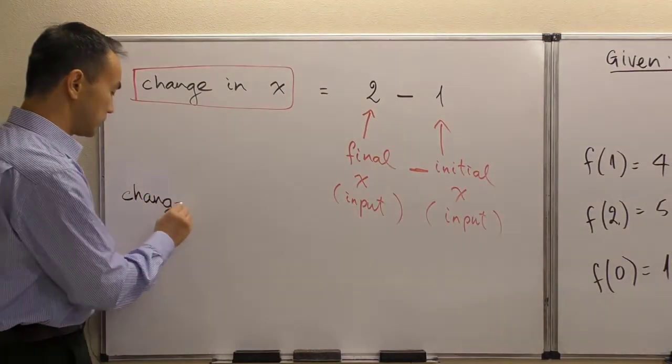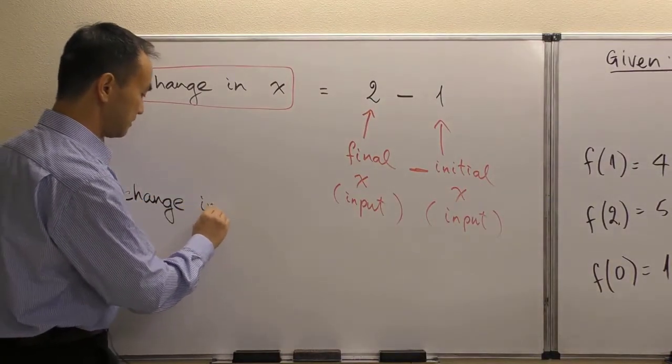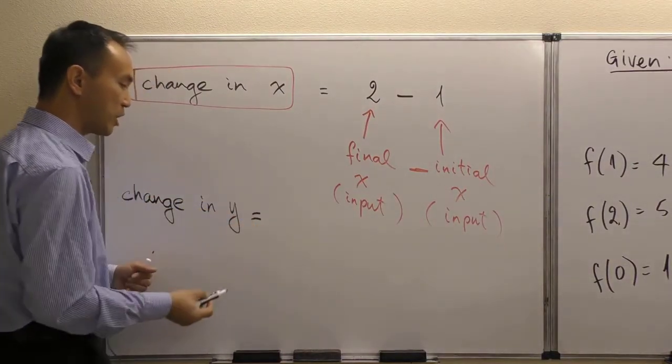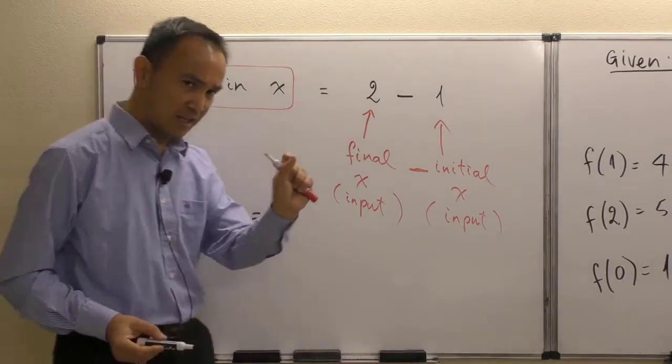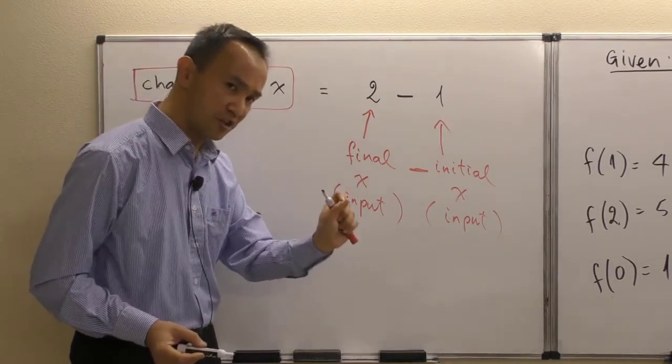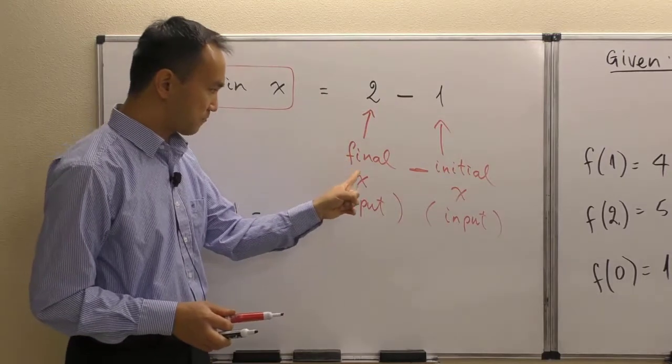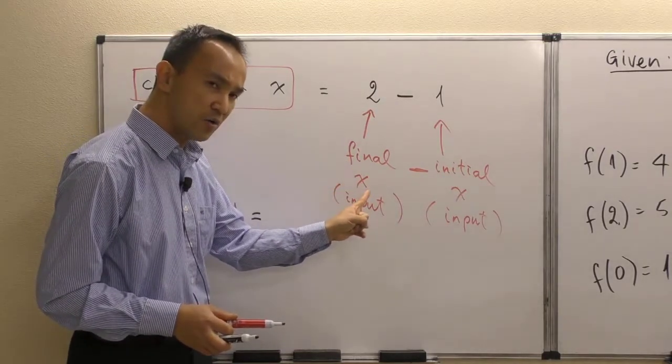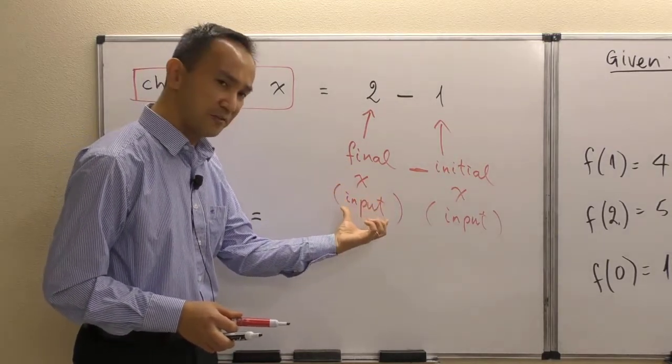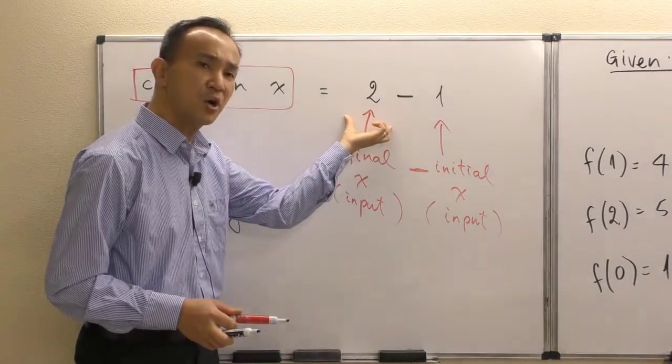But now to actually calculate that, the change in y can be calculated as follows. Things need to be done a little more cautiously now. The final y value is whatever output came out from the final x.